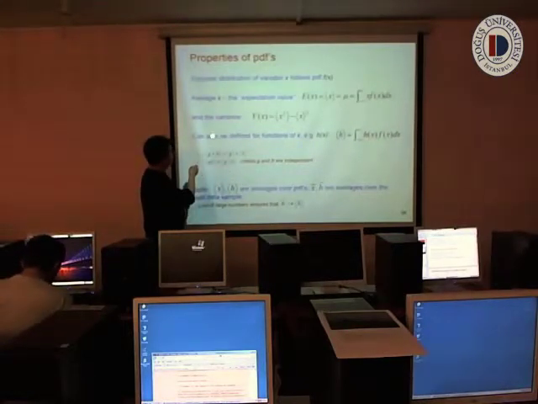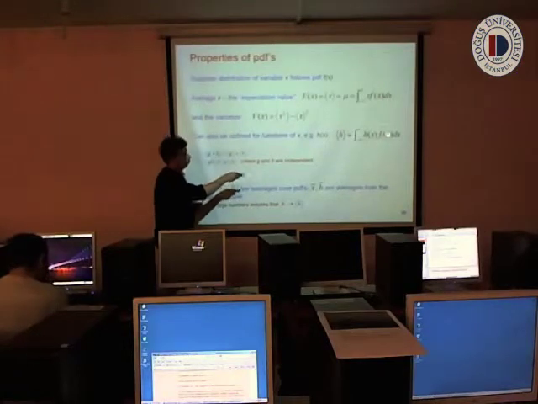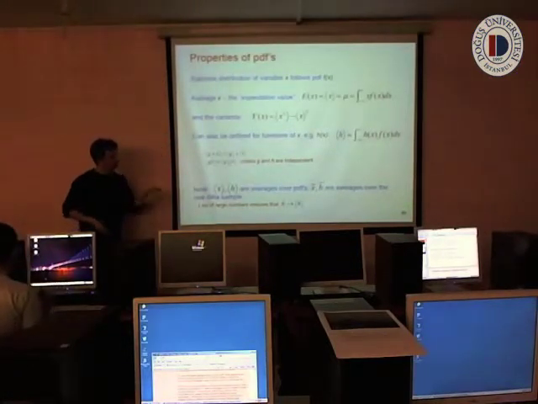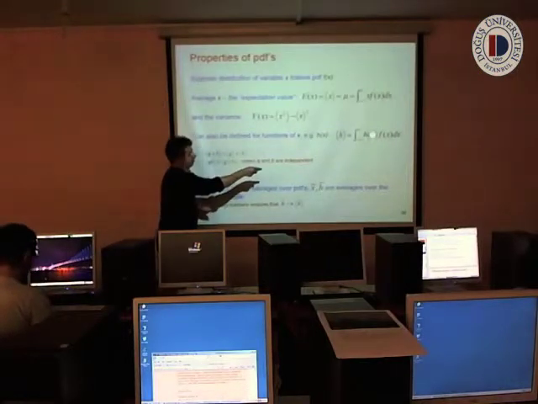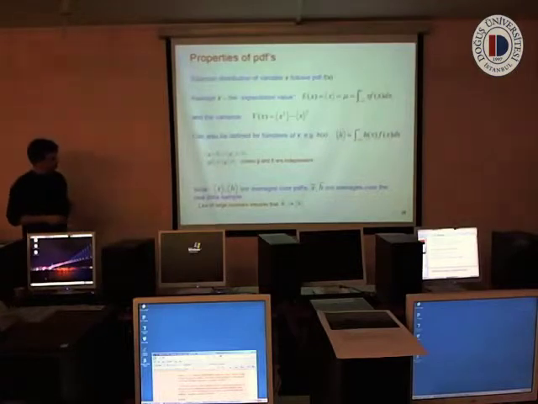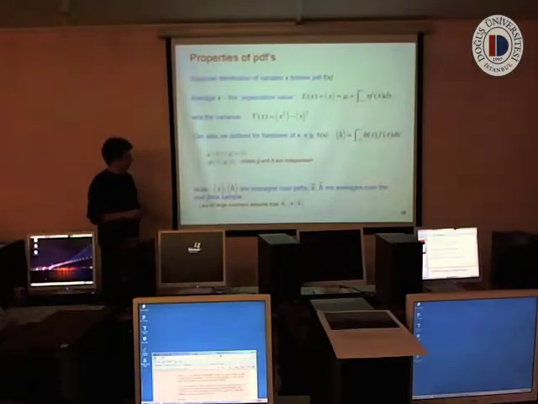You can also define an expectation value not just for the variable x itself, but if you build a function h of x, then that function also has an expectation value.